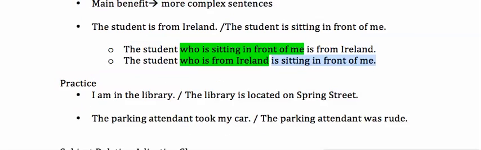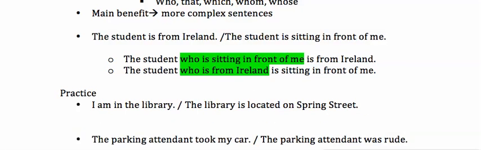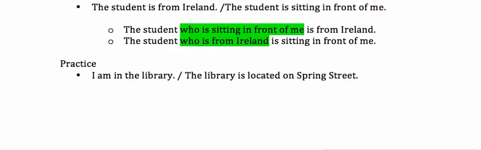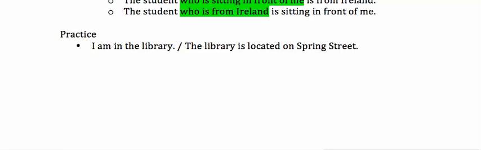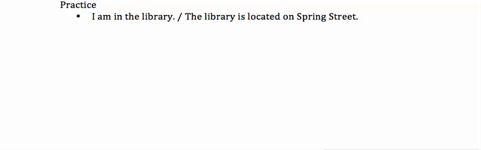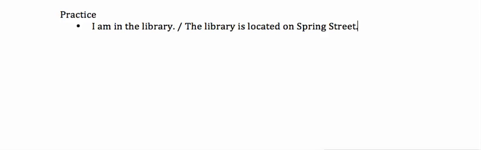So here's one sentence. I am in the library. The library is located on Spring Street. How can we combine these two sentences? Go ahead and practice that. Okay, good job.